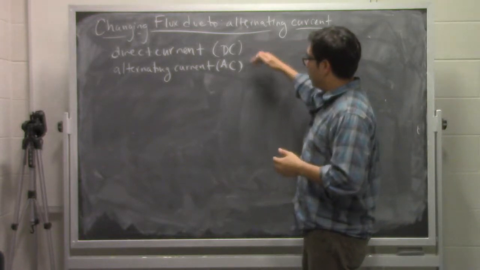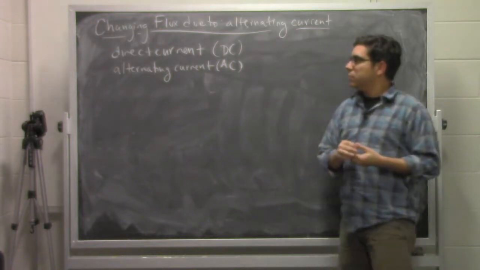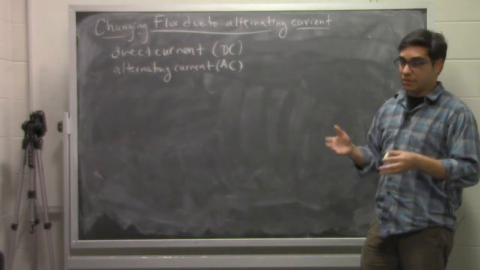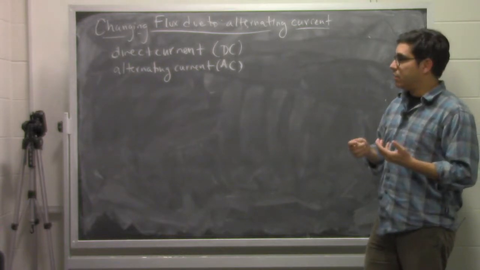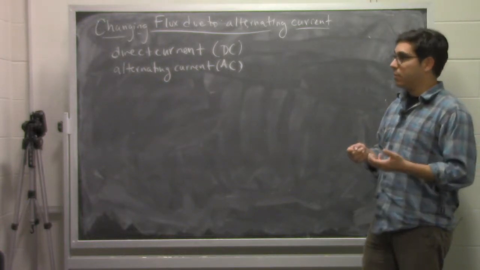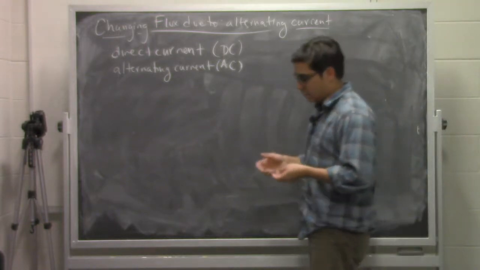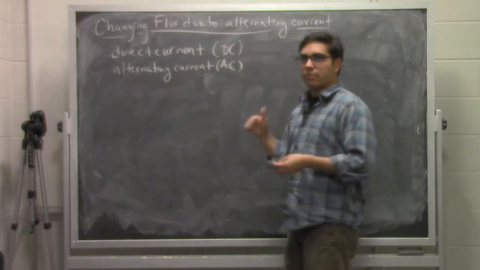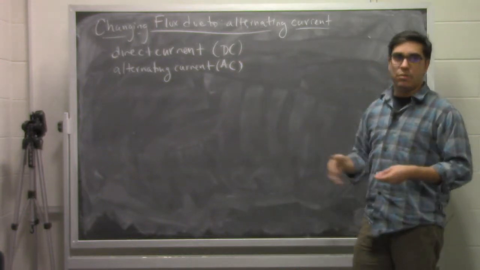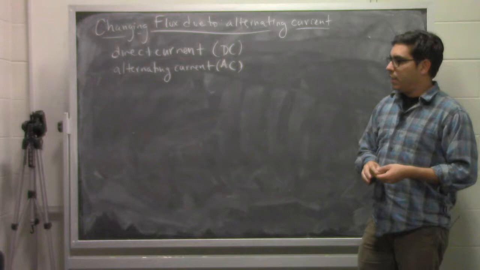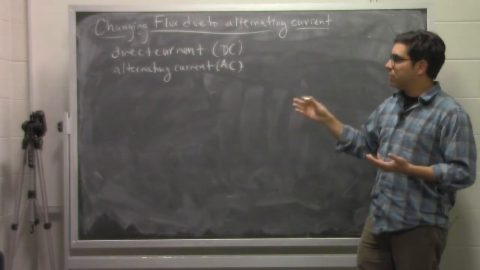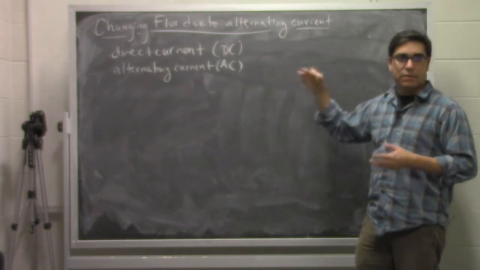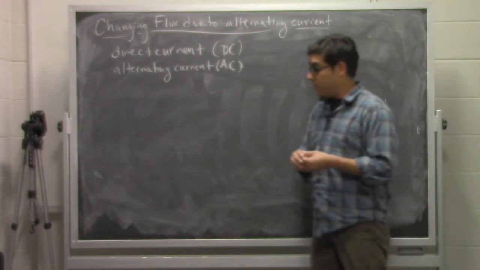There's an important historical aspect to these two, which is that when electricity was being considered to be sent to homes, there was a very public discussion between Thomas Edison and Nikola Tesla about which of these kinds of currents was the most appropriate to send to somebody's home or a business. The idea was that there's a lot of money involved with being the owner of the patent here and what would be used.